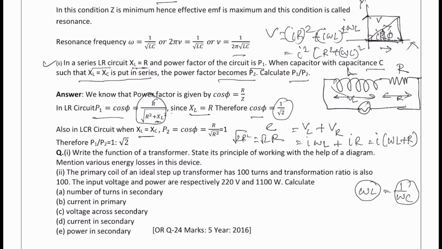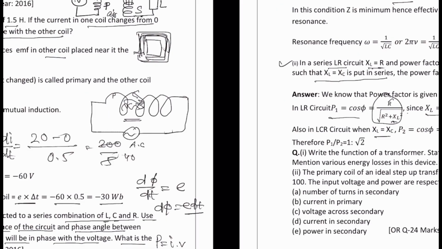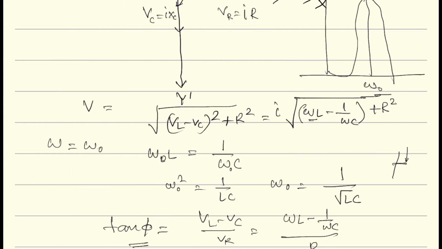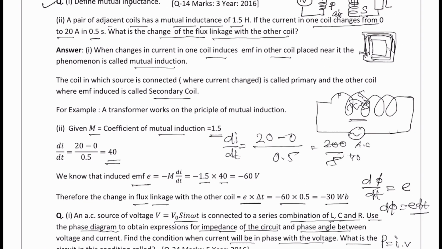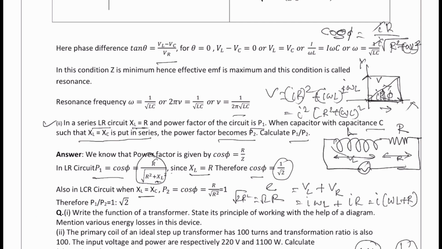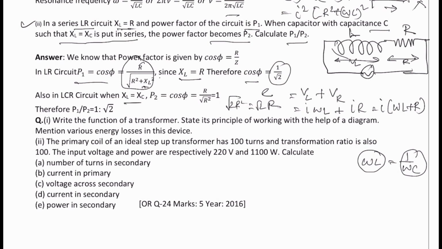The only resistance left in the LCR circuit is the resistance itself, correct? As in the earlier case, when XL is equal to XC, only resistance remains. That is why in the denominator we have R square only. So cos phi is equal to R by R, which is 1, correct?